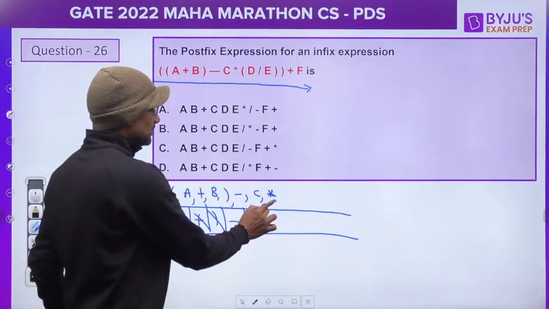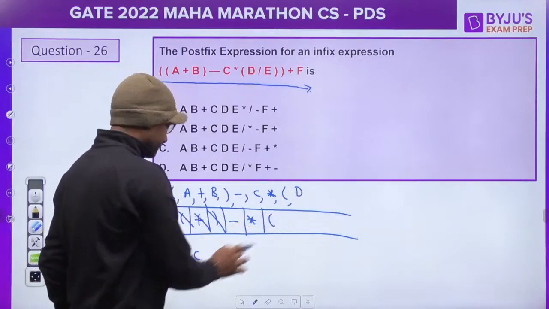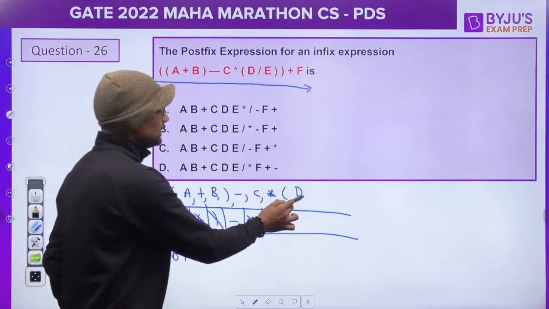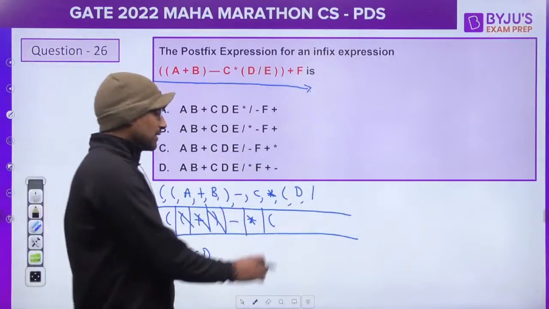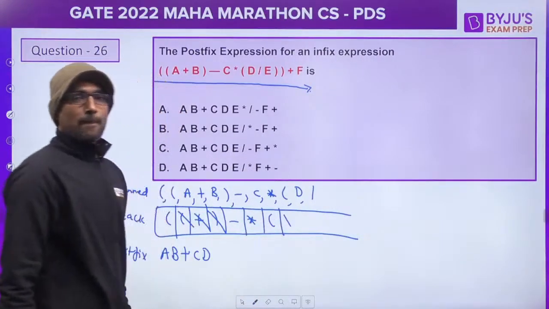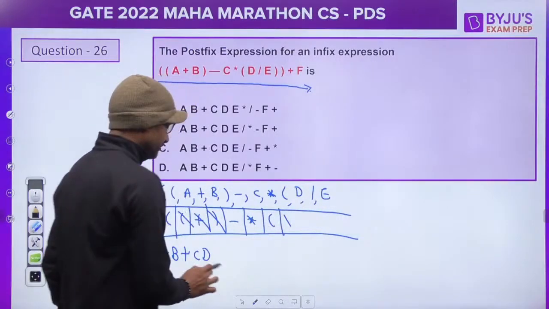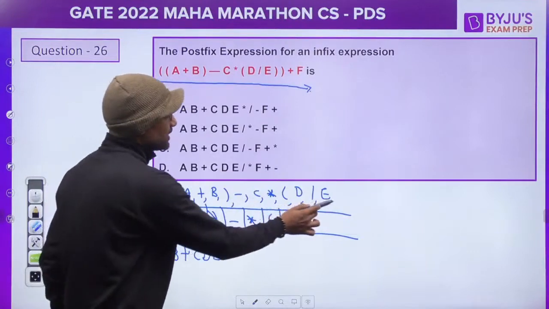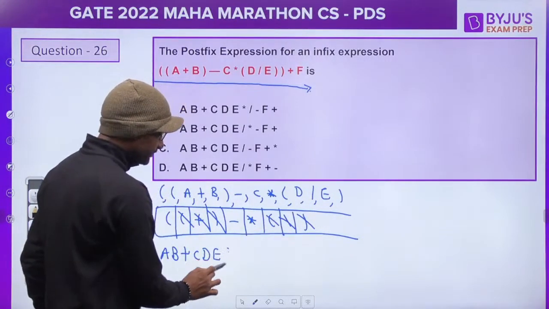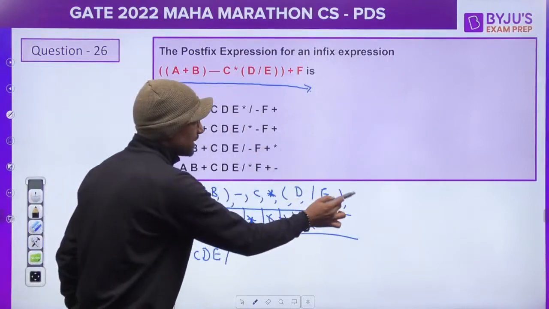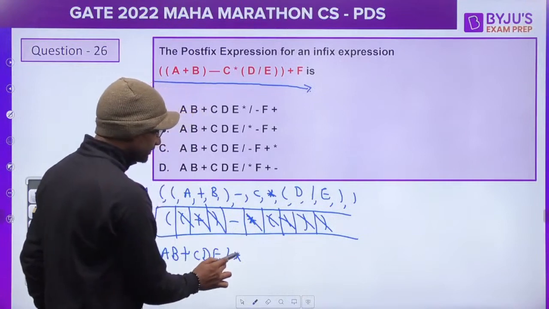Then left parenthesis. Then D. Then division. On the top I have a parenthesis, so simply push it. Then we have E. Then right parenthesis, so pop until the first left parenthesis. Then again right parenthesis, so pop until the left parenthesis.